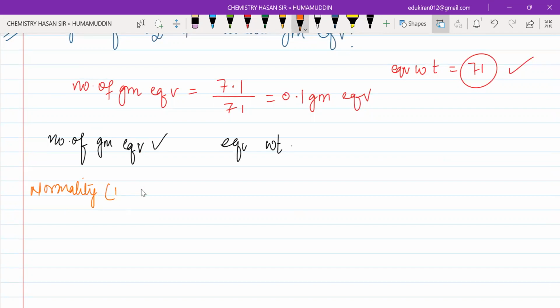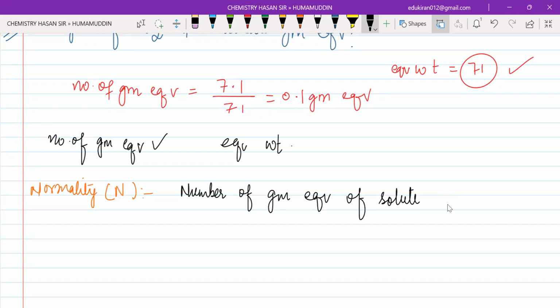Normality, we represent it by capital N. I'm going to define it first: number of gram equivalent of solute per unit volume of solution in liter.